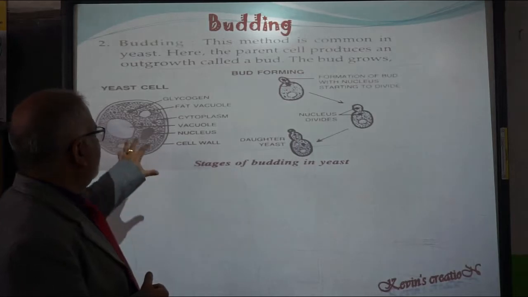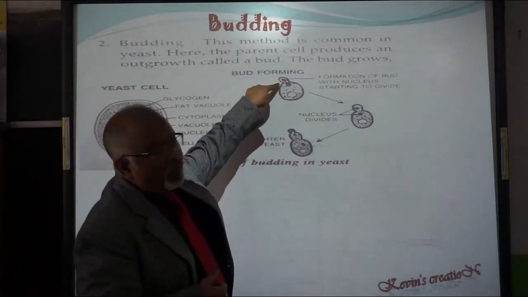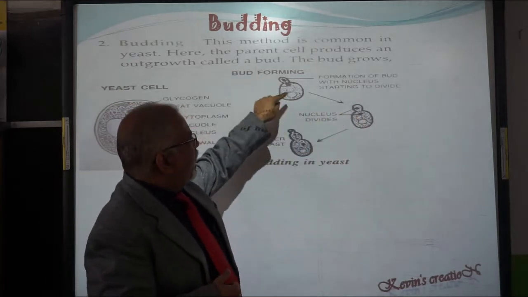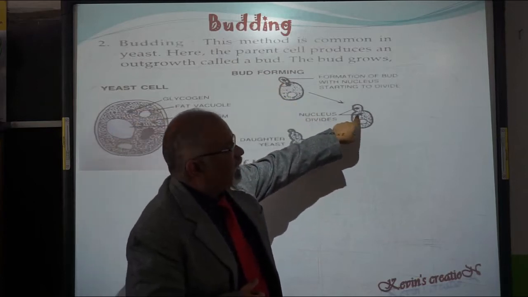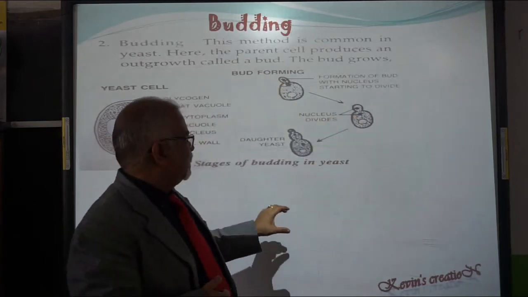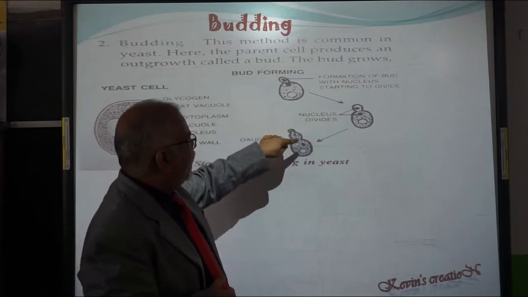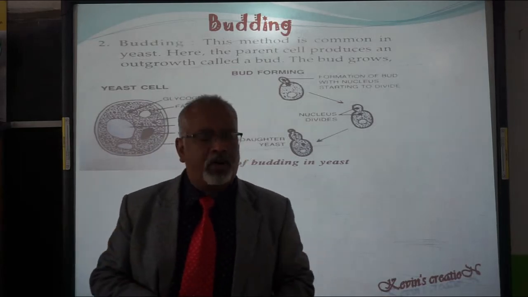Here you can see this is yeast, and here you will see the bud. Now this bud grows, and here you can see the nucleus being divided. Here the nucleus has already divided, and ultimately you get a chain of buds, and then you get the daughter yeast. So one divides into 2, 3 and so on.